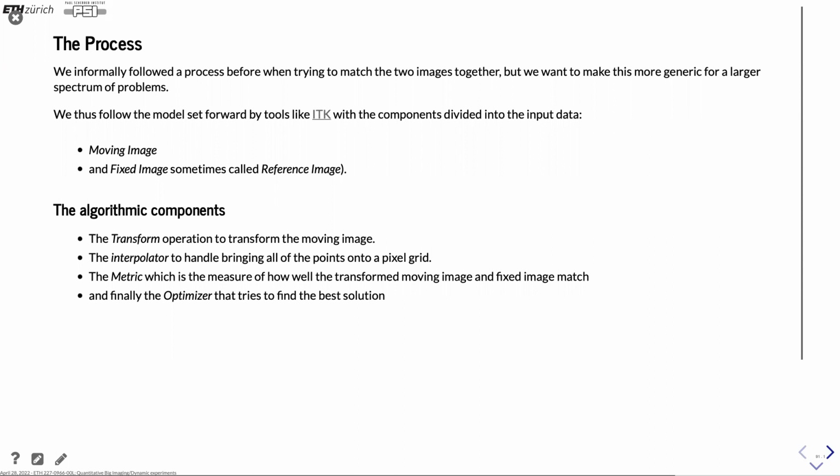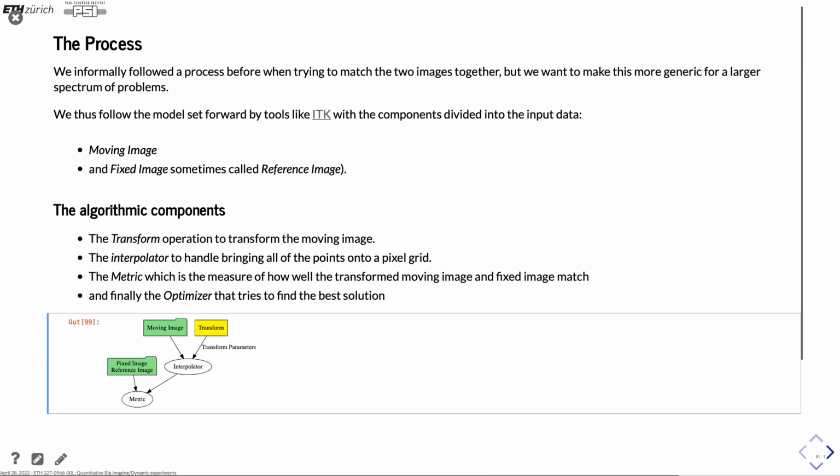And this movement is done or compared using some kind of metric. For the whole registration process, we also need an optimizer that guides us to the optimal solution, because doing it by brute force is usually not a very good idea. It takes way too long, and it's probably not very reliable either.